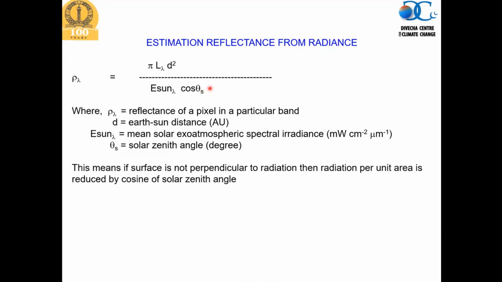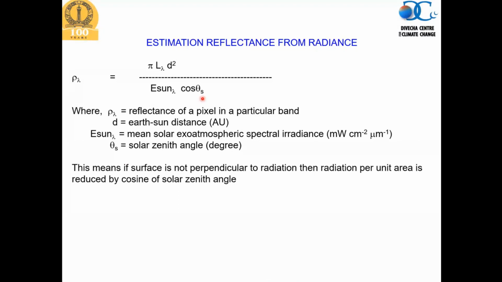It gives two crucial parameters. One parameter is the Sun-Earth distance, which is an astronomical unit. As we move from the mean, as the Earth is tilted, it might vary slightly here and there, so that also influences your result. The mean solar irradiance is not changing much, and this gives the solar zenith angle.